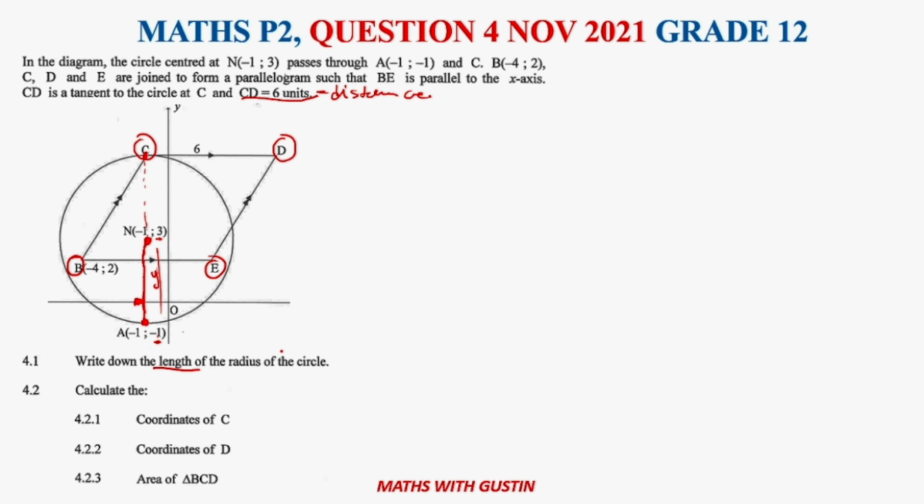So we have 3 and also -1, but we are going to consider it as 1 because we don't consider the negativeness of the coordinates when we're dealing with distance.